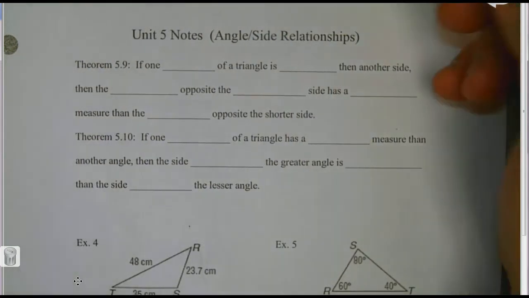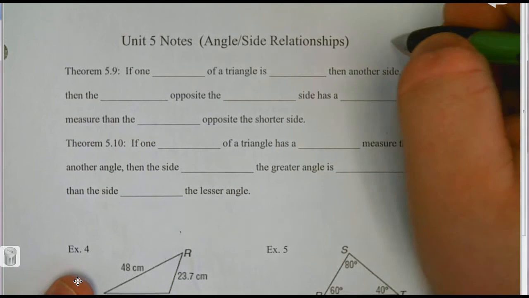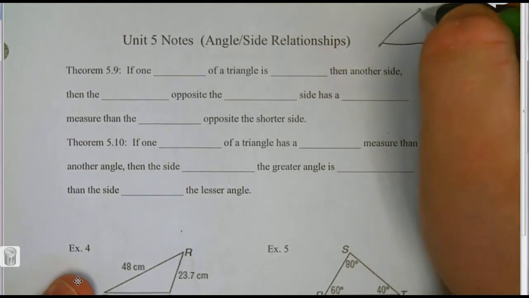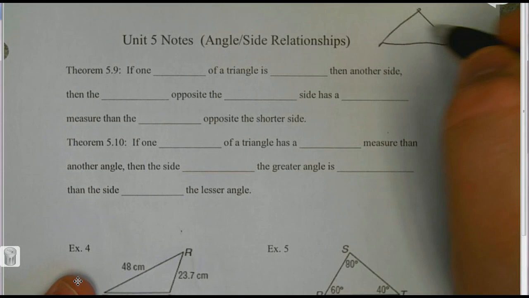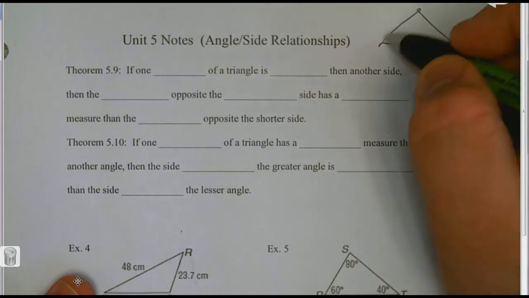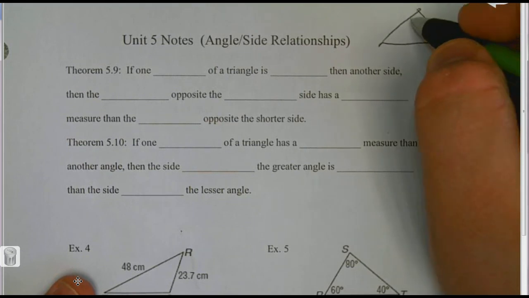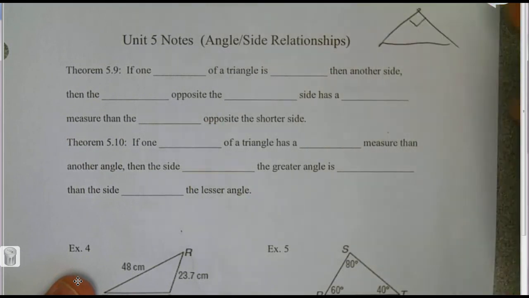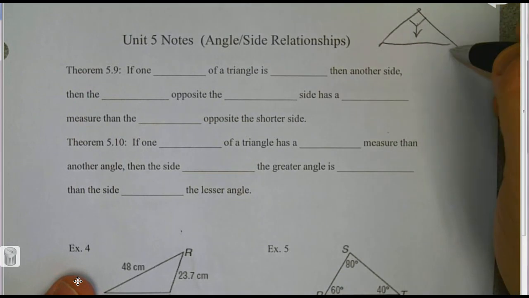The first idea we want to talk about is angle-side relationships. We've been dealing with triangles for 2 chapters now, and we've been talking about how the 3 angles of a triangle equal 180, and then the 3 sides. We've also talked about how, for example, in a right triangle, the right angle goes to the hypotenuse.